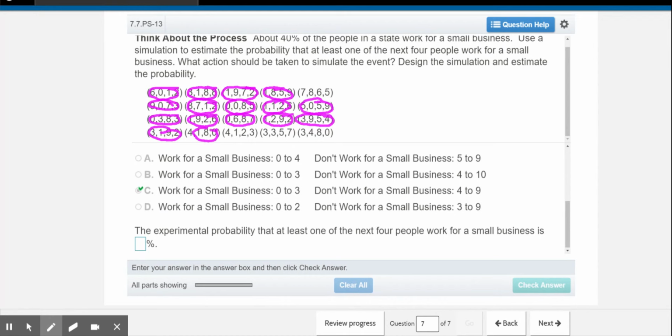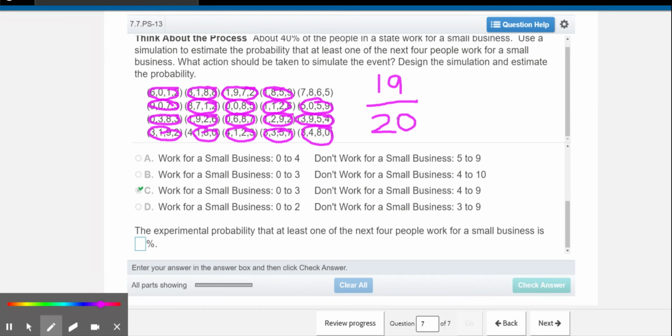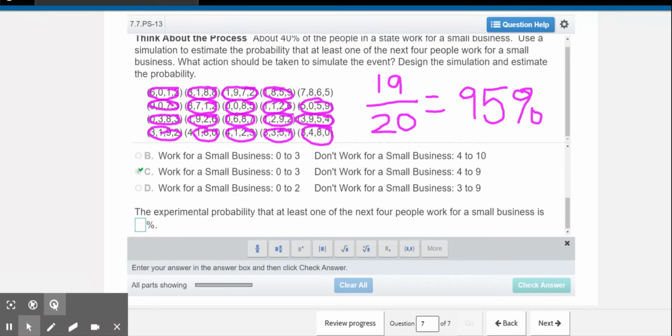Right, this one counts. A lot of these are fitting the bill. So 19 out of 20 have at least one person who worked for a small business, which equals 95%.